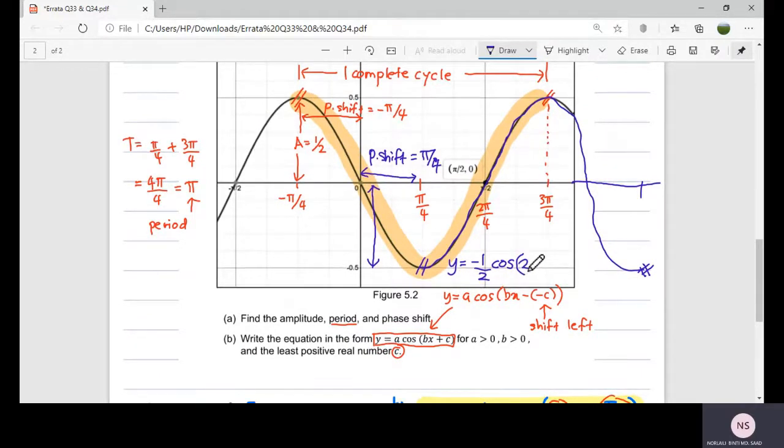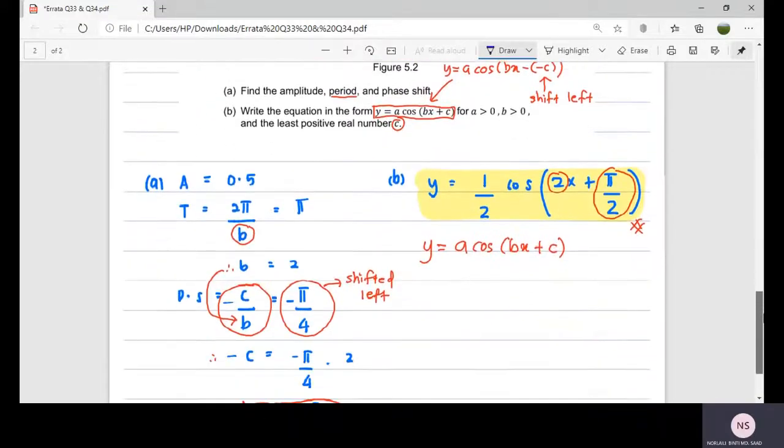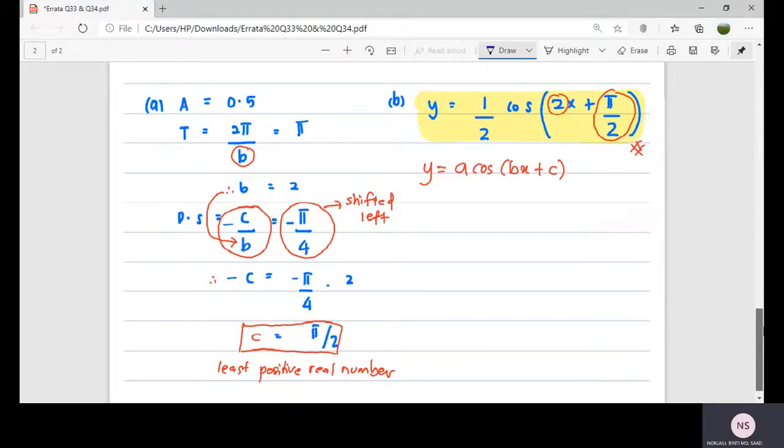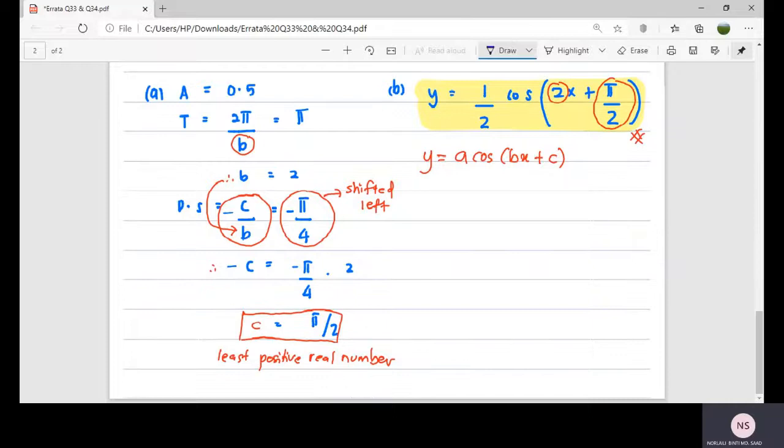This is 2x, and then minus, okay, when we calculate for c, whenever your phase shift is positive pi over 4, let's say here c over b equals positive pi over 4. Then you'll have c equals pi over 4 multiplied by 2.